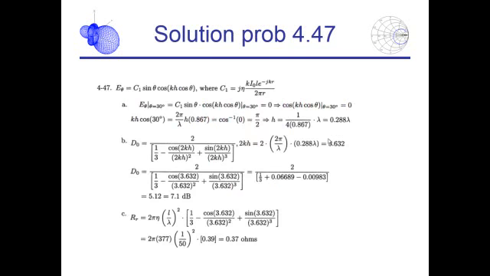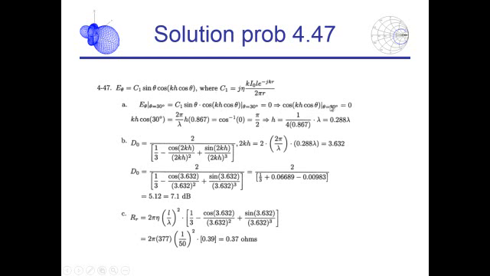So we could find a solution for this problem using the equations, and we'll come out with a height of 0.288 lambda from the electric field radiation pattern. If you follow the equations here, you'll end up with cosine of kh cosine theta at theta equals 30 degrees equal to 0.